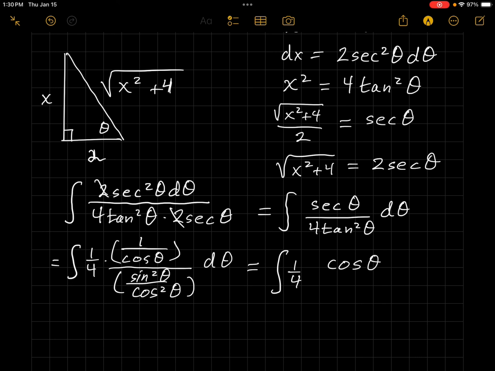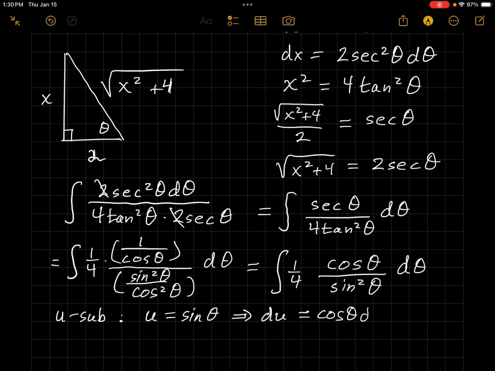And if I flip and multiply the denominator, I will end up with cosine of theta over sine squared of theta. Okay, that's a lot of work to get down to this. And I still need another technique to solve it, which is going to be a u substitution, where I'm going to let u equal sine of theta, which means du is cosine theta d theta.